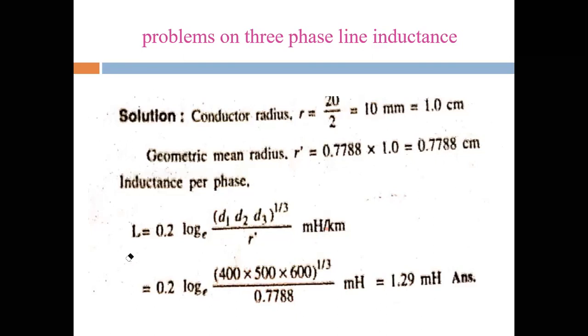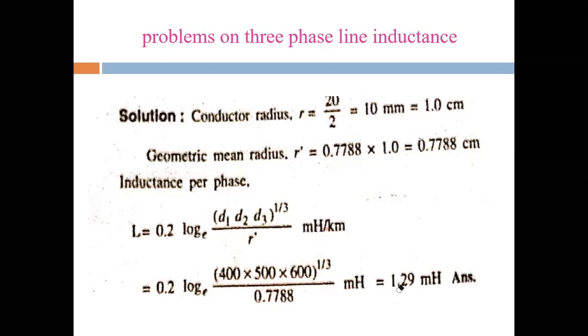Next we calculate the inductance, that is L is equal to 0.2 log e D1, D2, D3 by R dash, whole cube, millihenry per kilometer. That is 0.2 log e 4 meters, converted into centimeters, that is 400 centimeters for D1, D2 is 500 centimeters and D3 is 600 centimeters, by R dash which is 0.7788.